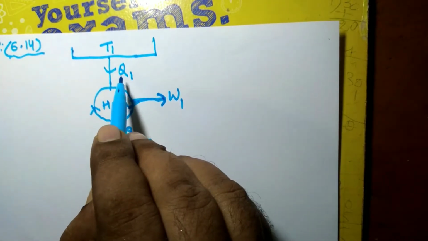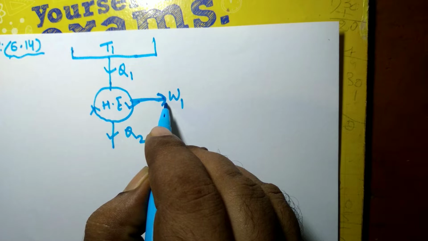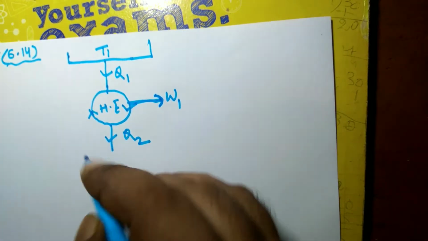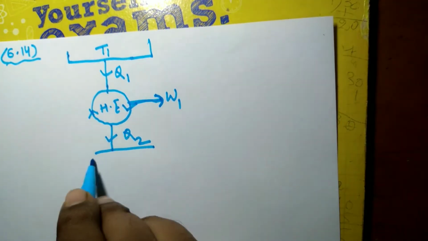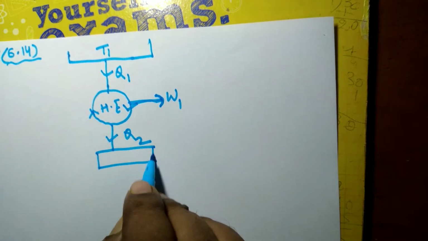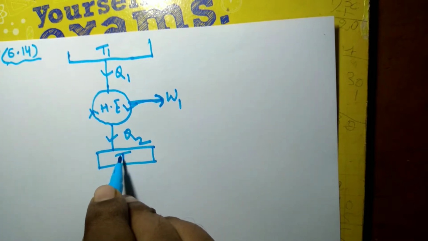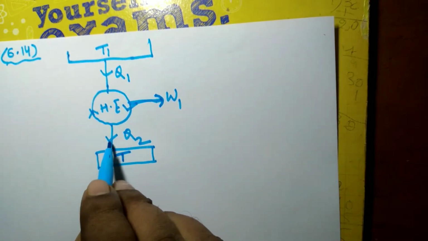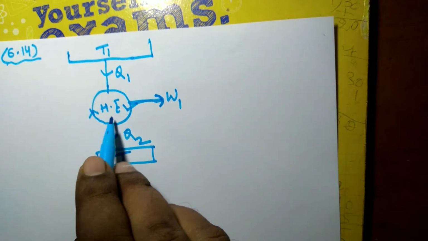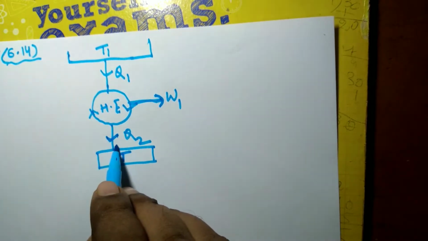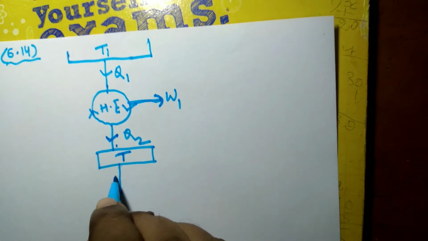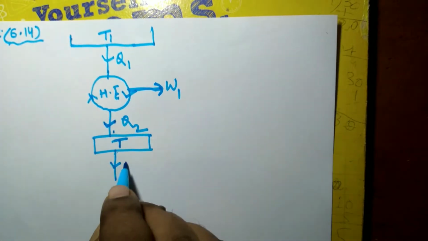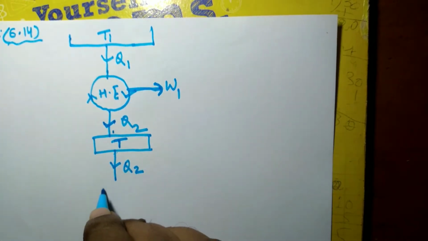Out of the heat supplied Q1, W1 is the work produced and Q2 is the heat rejected, which is rejected to the second engine at temperature T. And this Q2 is the energy rejected by the first engine, and that Q2 goes to the second engine as heat input. This becomes the input for the second engine.